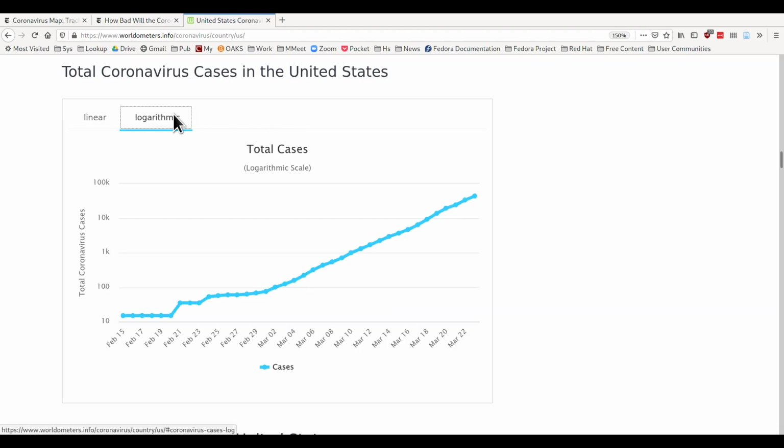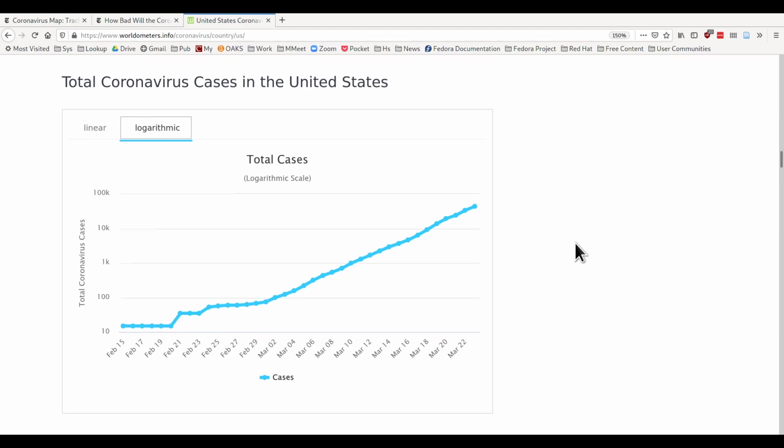I can put this on a logarithmic scale, and you can see that from March 2nd up until March 23rd, on a logarithmic scale vertically, this looks really clean. This is a nice straight line, and it means that the disease is still experiencing exponential growth. That means that we're still on the way up the hill toward the peak of the epidemic. That's not a good sign. We want to turn that around.